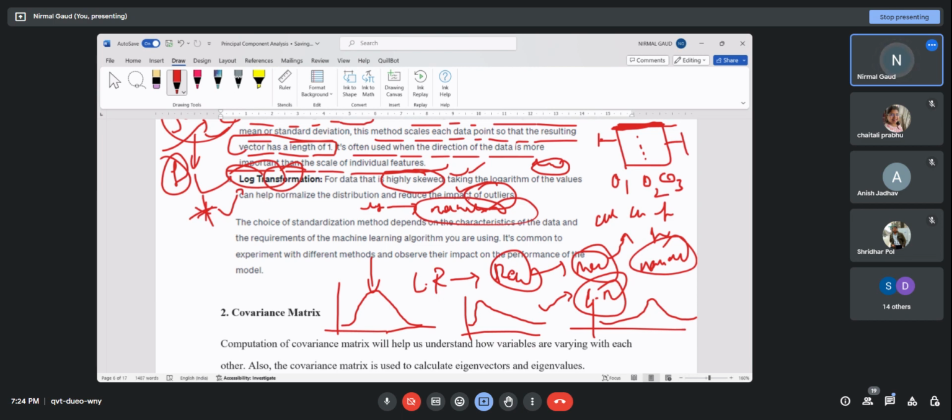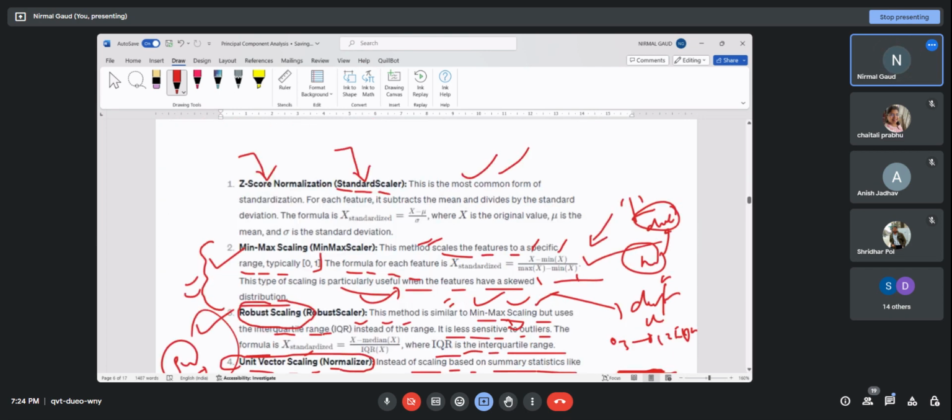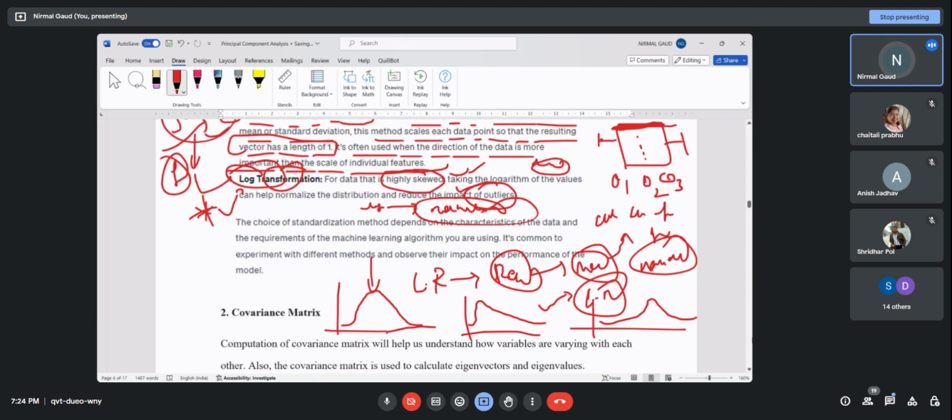Skewness you are going to tackle with the help of your min max scaler. So with min max you tackle the skewness, and with robust scaling you tackle the outliers. But the facility of both you get in log transformation, and we do apply log transformation in linear regression. Then only we put the data into the model for training purposes. All right, so that is why it is important.